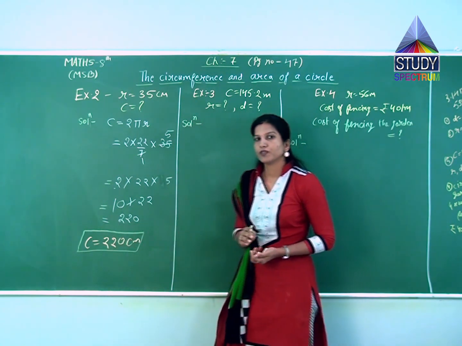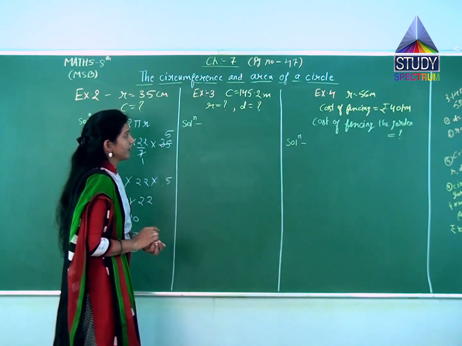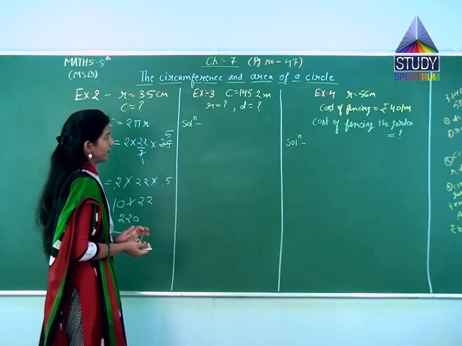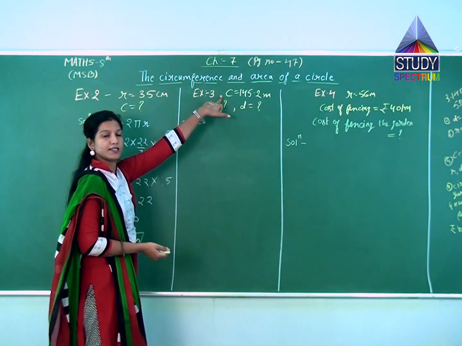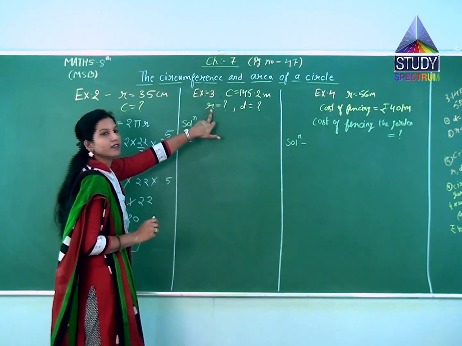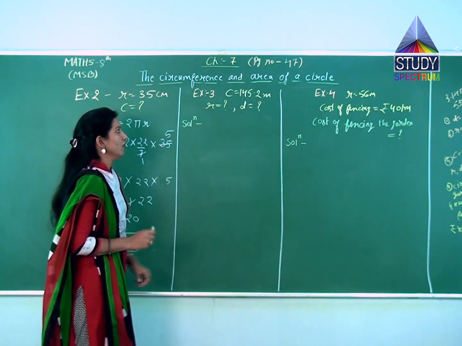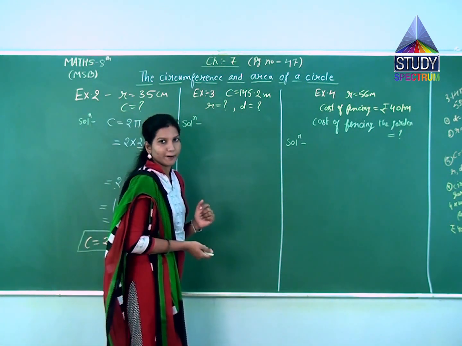So our answer will be 220 centimeter. Now let's move to the third example. In third example, what is given? C, the circumference of a circle, is already given. We have to find out the radius of the circle and the diameter of the circle. Now we can do two things here.